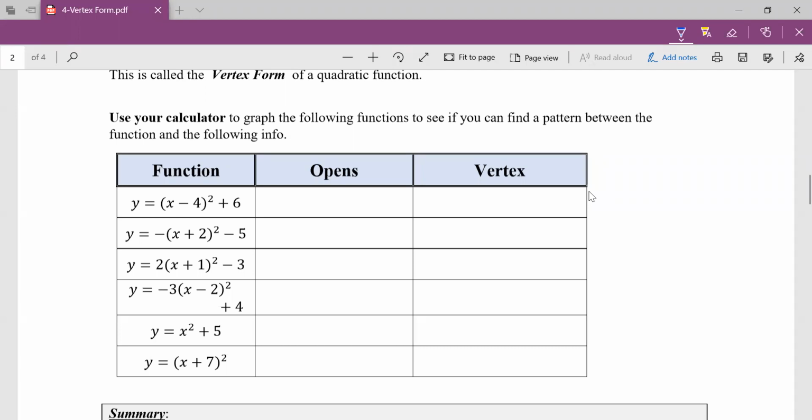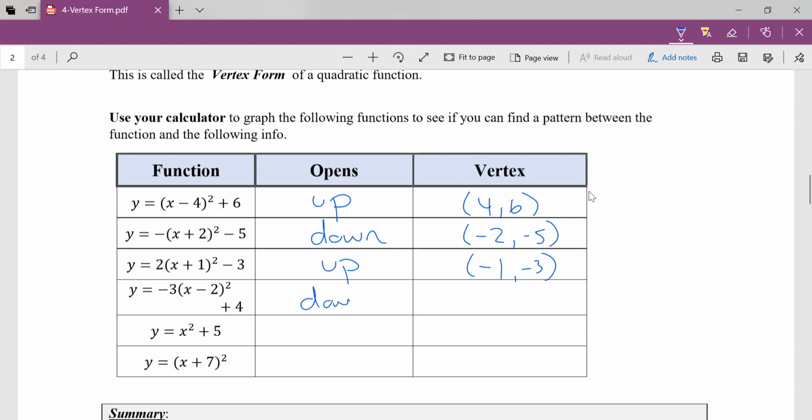Okay, so you went and graphed these, and let's see how you did. The first one should be opening up, and you should have found a vertex at (4, 6). Next one should be opening down, and your vertex should be at (-2, -5). Next one's up, vertex (-1, -3).